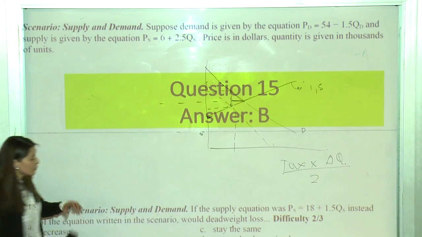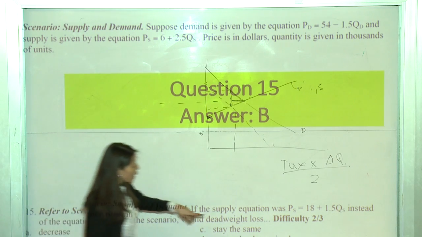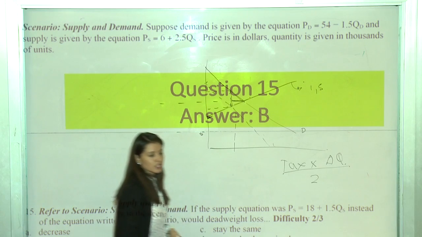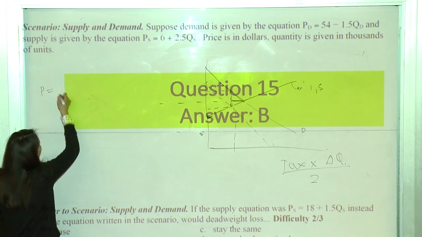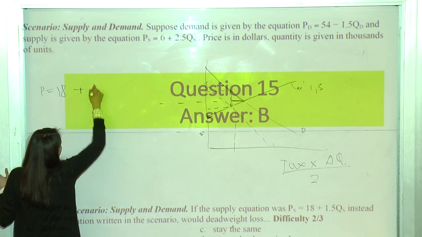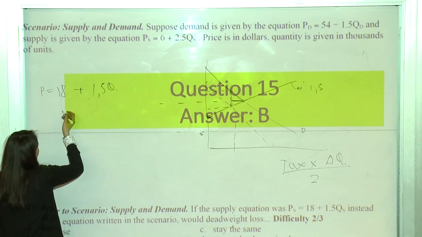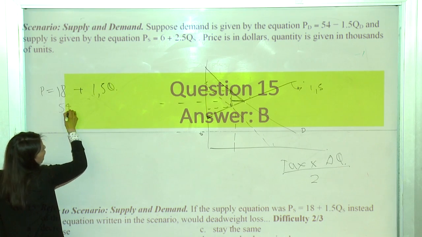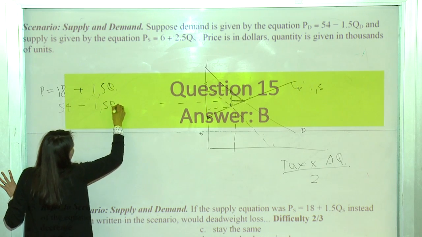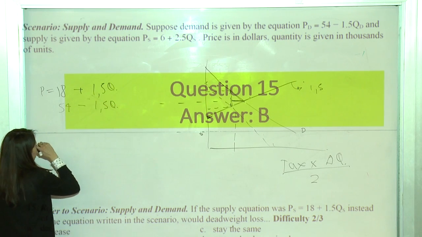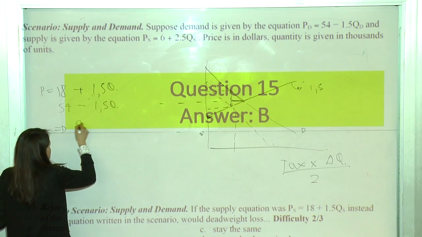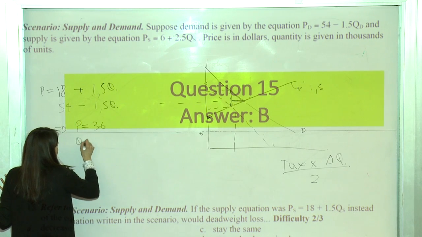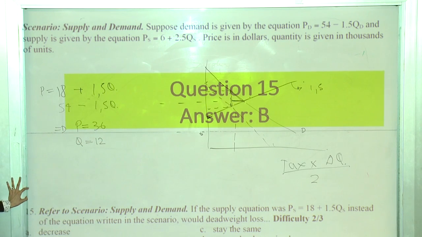So the equilibrium with this new supply function is how much? It's again price equal to 18 plus 1.5 Q, okay? And the demand function is 54 minus 1.5 Q, okay? So if you solve this equilibrium, the price is going to be also 36 and the quantity is going to be also 12, okay?